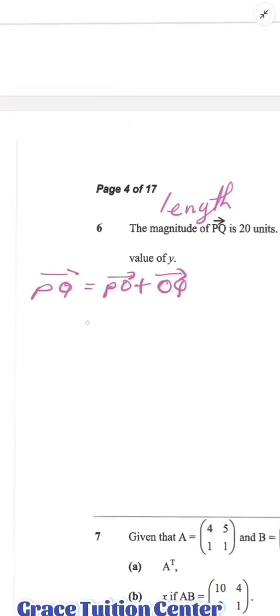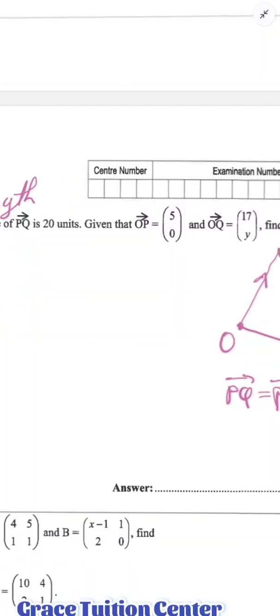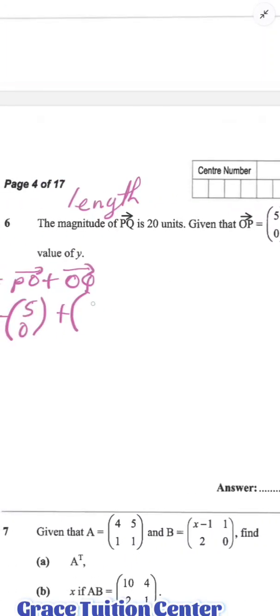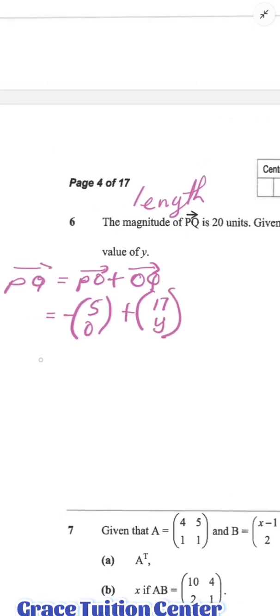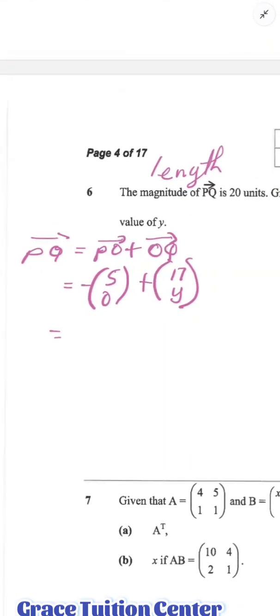So now this will become negative. What is given here is 5, 0. So we say negative 5, 0. Then we add. Then OQ is just the way it is given here. This is OQ. So OQ is 17y. So I'll come here and write 17 and the y there. So I'll go ahead and simplify this vector, please don't forget the negative.